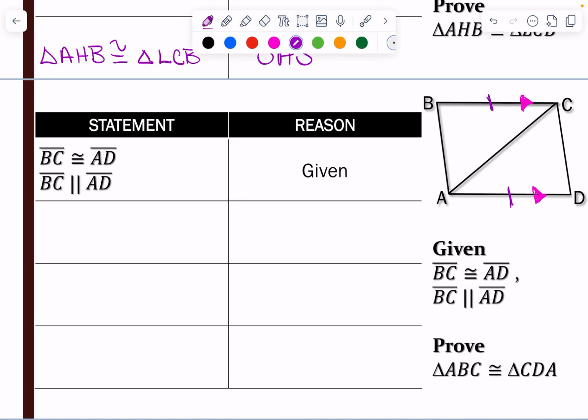Well, I know that I can probably do something with the AC side or the CA side. Okay, I'm wanting to prove ABC is congruent to CDA.